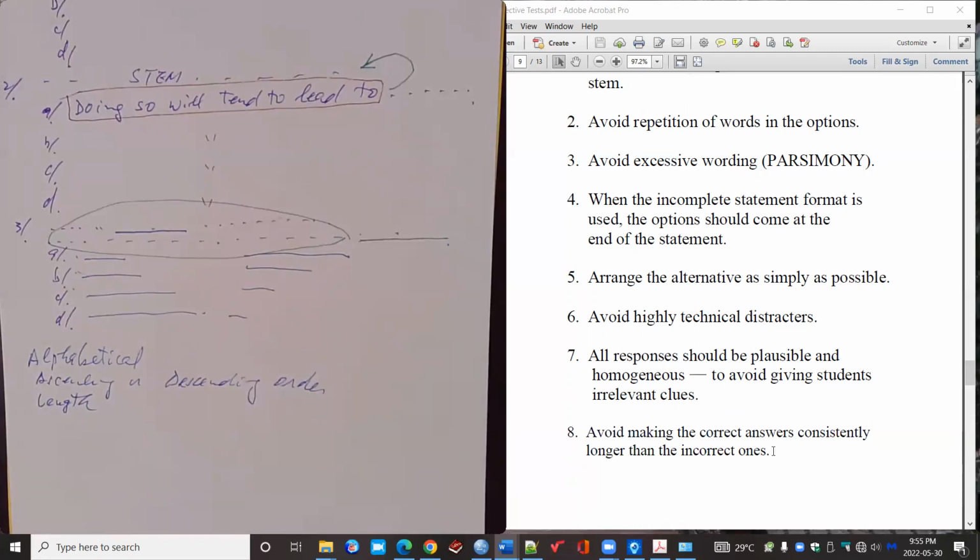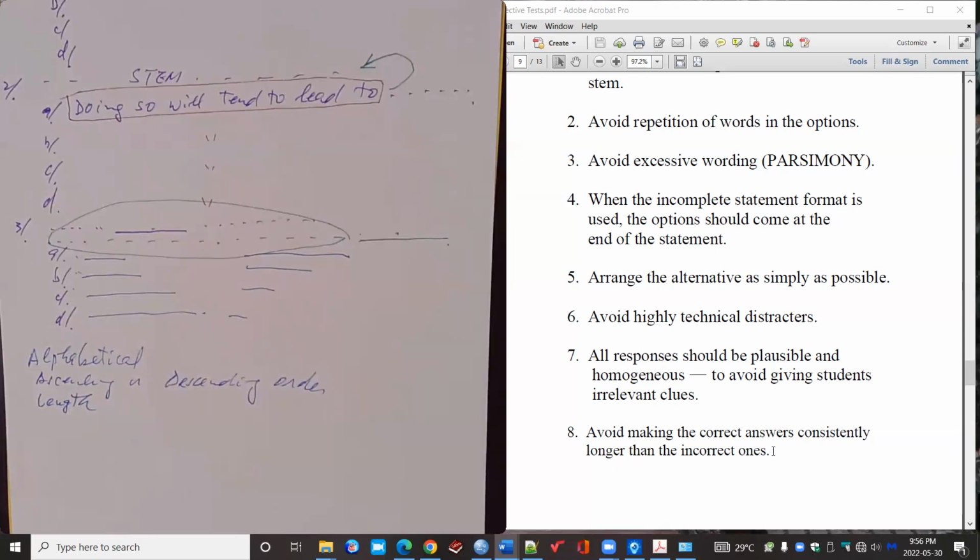There is always a strong tendency for item writers to use qualifying words or to provide more context to impart clarity to the correct answer or to ensure its correctness.